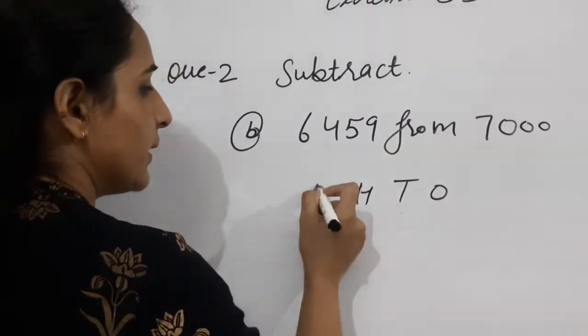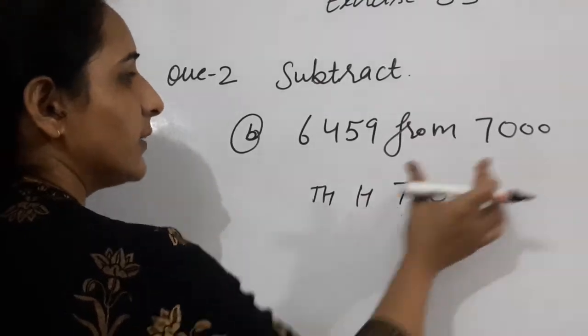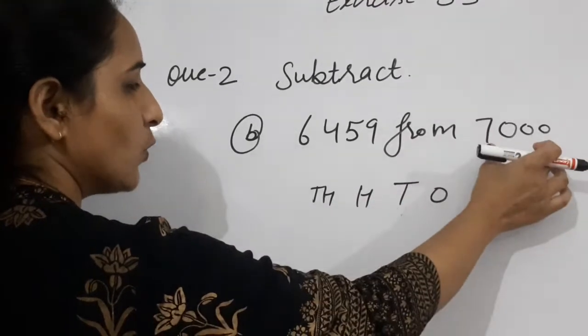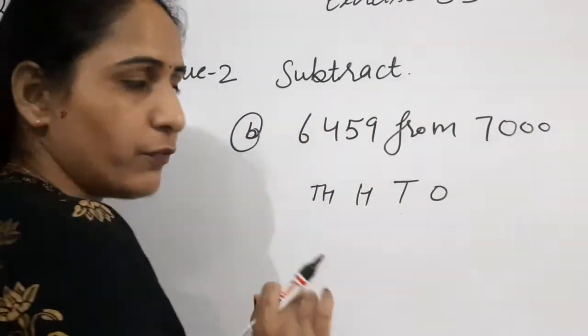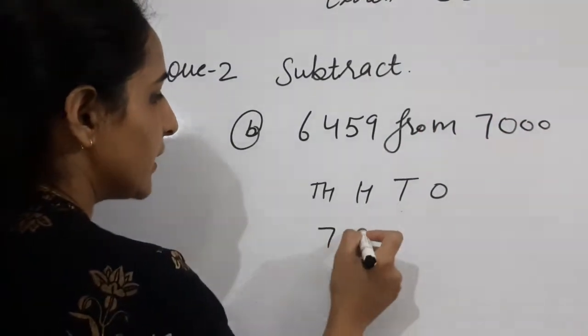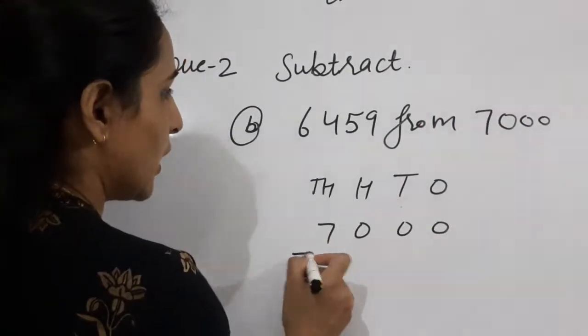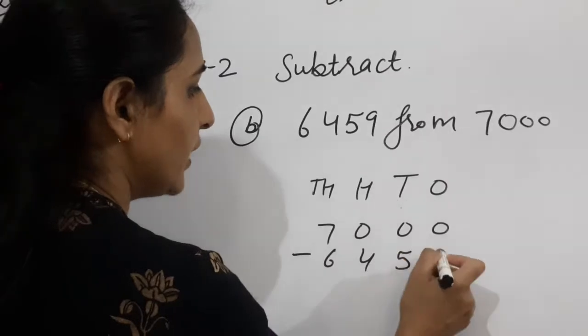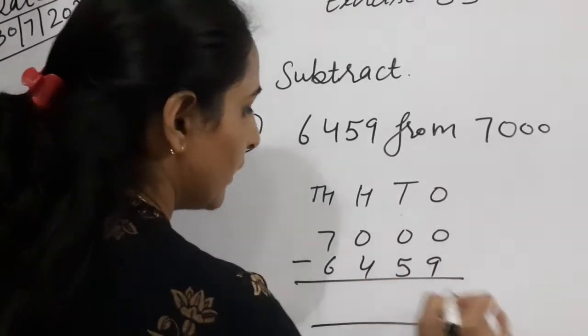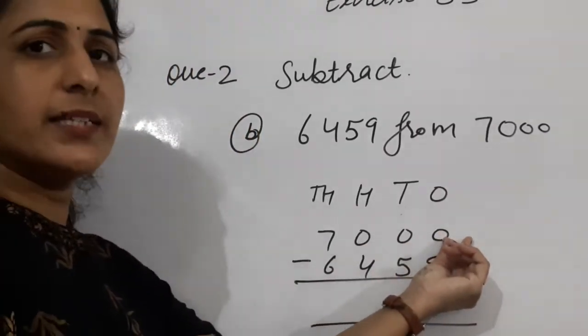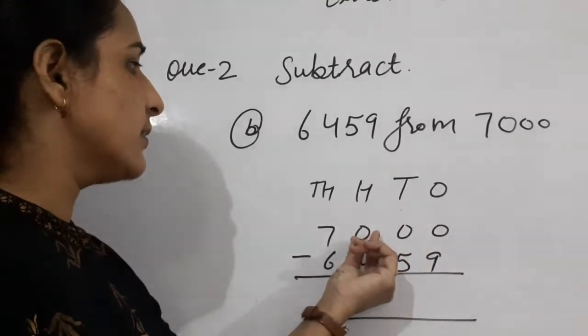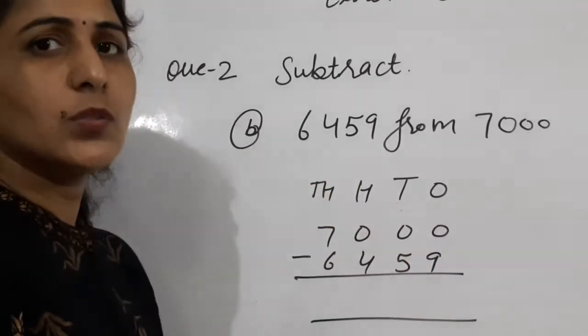First we write the places here, then we write the bigger number here. 7,000 is bigger than 6,459. So you write here 7,000. Now 6,459. Clear? Now in the ones place 0 ones, 0 tens, 0 hundreds and 7,000 here.